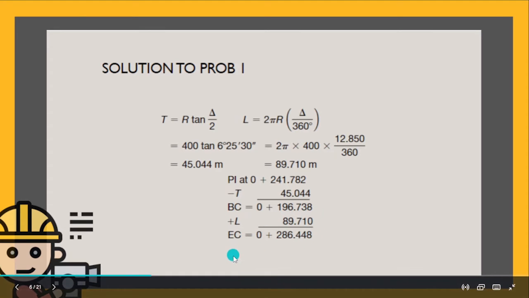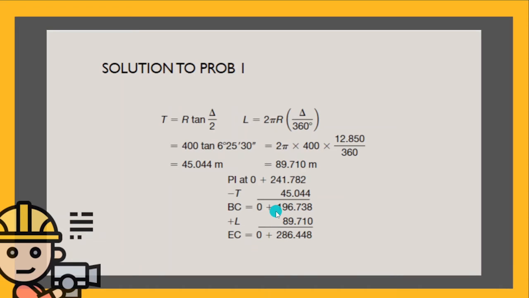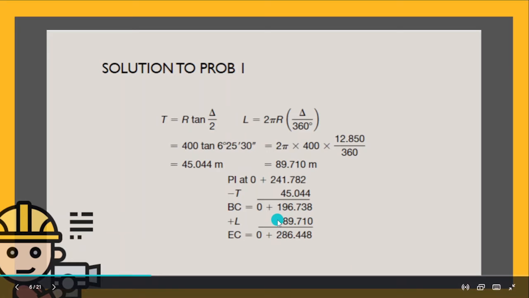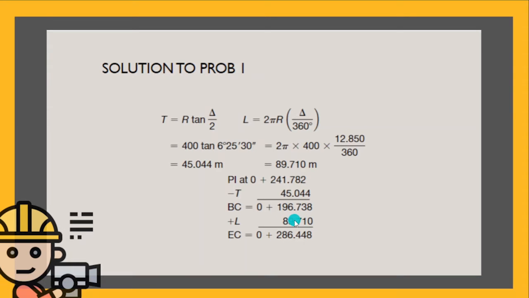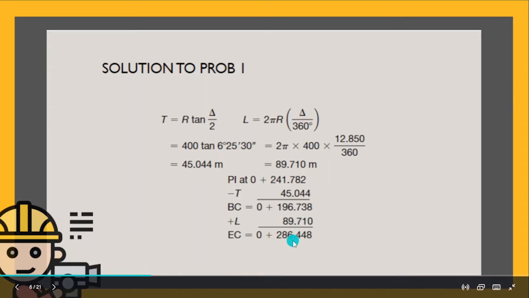To calculate for the EC station, we need to add 89.710 to our BC, which is 196.738 plus 89.710 is equal to 286.448.